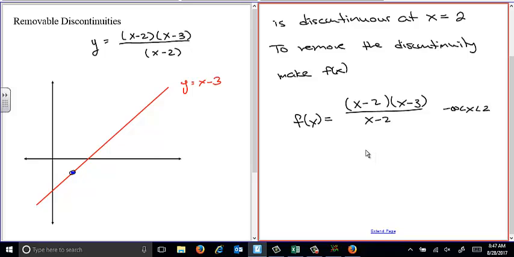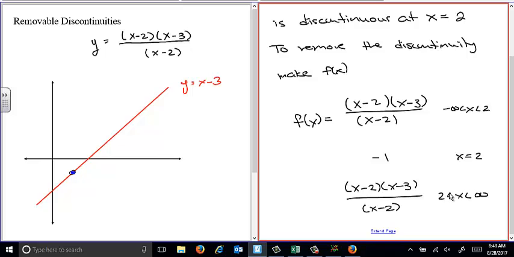And at x equals 2, we're going to let it be equal to what you would get if we canceled out these terms, like we would do in the canceling out technique: you would end up with just x minus 3. So if you plug 2 into this, you'll have 2 minus 3, which is equal to negative 1. So f of x equals negative 1 when x equals 2, and then the function goes back to its normal form for the rest of the domain, which is from 2 to positive infinity.